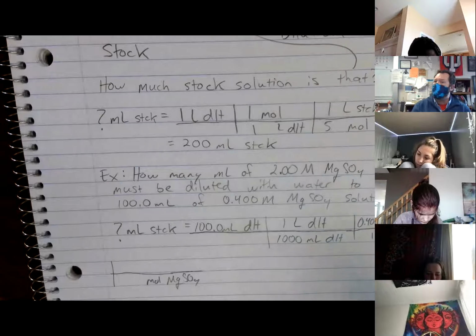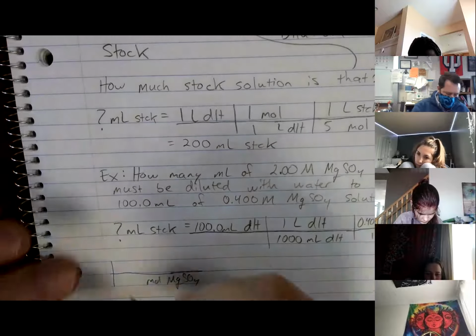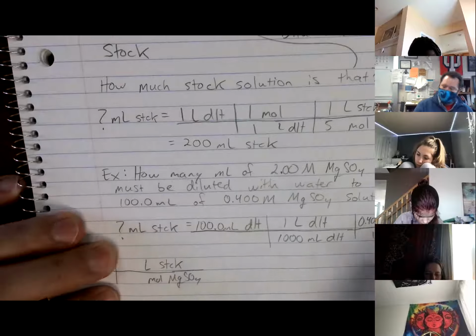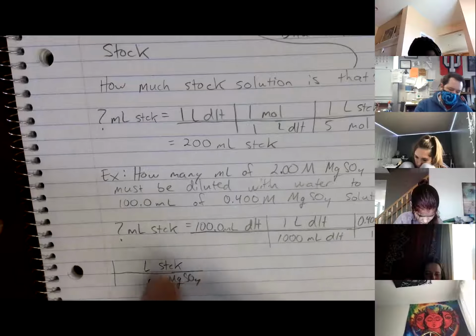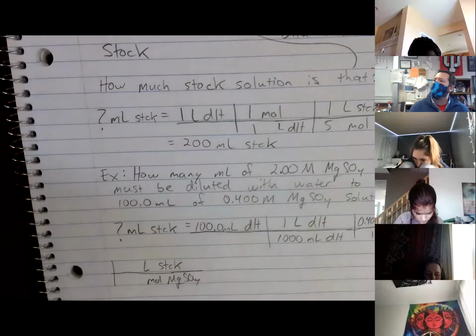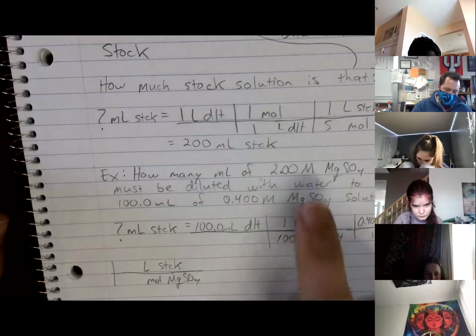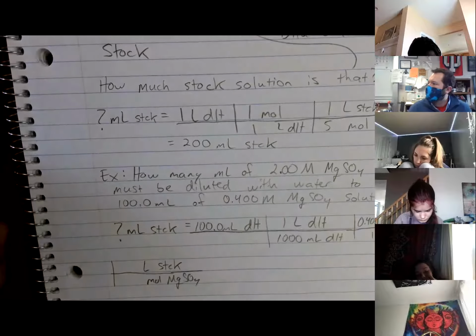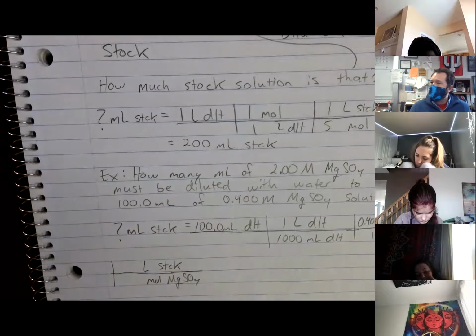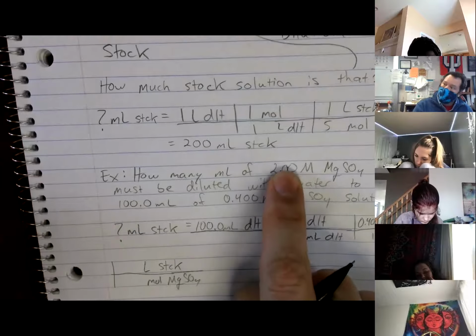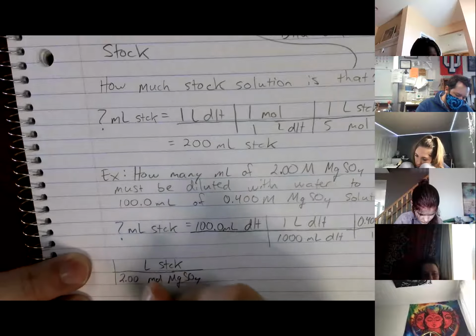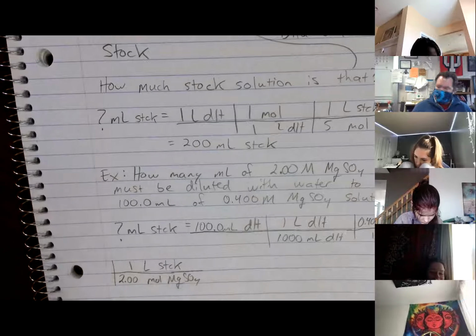We go back to liters, but this time we're going to liters of stock, right? We had liters of dilution. Now we're going to liters of stock. Again, we just got to look up at our question. We got to remember which one is our stock solution. That's the more concentrated of the two. That's the 2.00. So 2.00 moles per liter of stock.